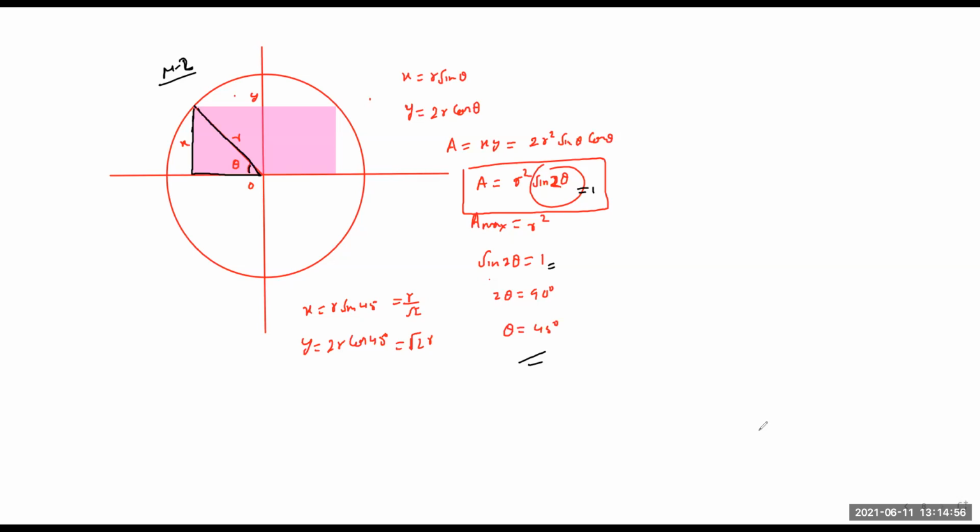You can't take, say, if a is maximum, then 1 by a will be minimum, right? So you must take the positive power, like 1 by 2, 1 by 4, 1 by 6, whatever you can put, that should be positive. You're not supposed to put anything negative. Sir, if we put negative, then we will invert that to make it positive. Correct.